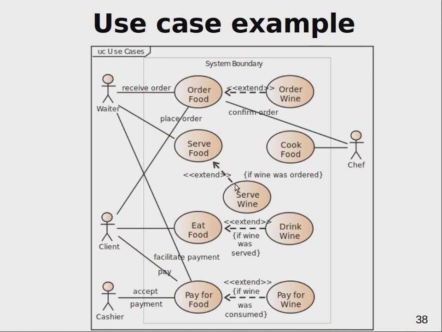Dashed lines are weak associations or dependencies, and for dependencies they are usually directional. This means that this thing depends on that thing. And in this particular case, serving wine is a more specific thing of serving food in general.